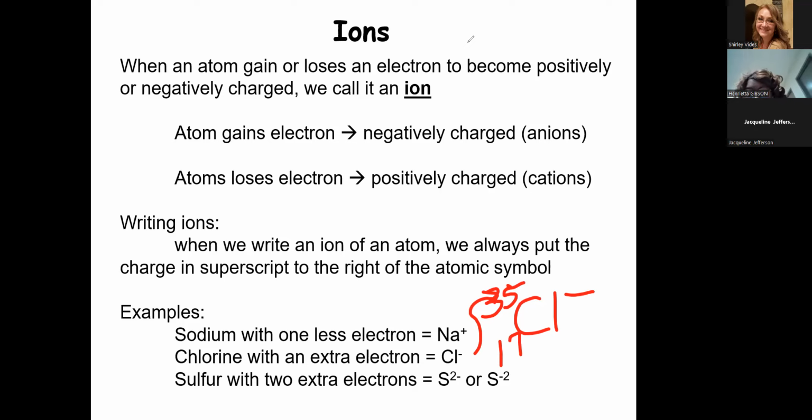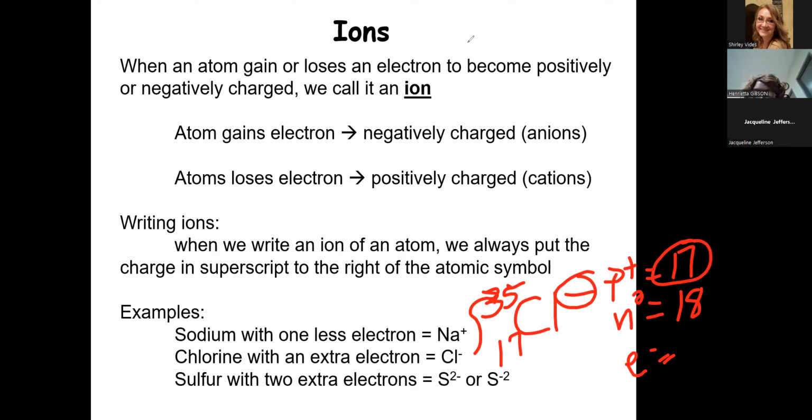How many protons do we have? We have 17, right? How many neutrons do we have? We have 18, because 35 minus 17 is 18. And then how many electrons do we have? Well, we gain 1, and we would normally have 17, so we have 18. You see that? So that's how we know.